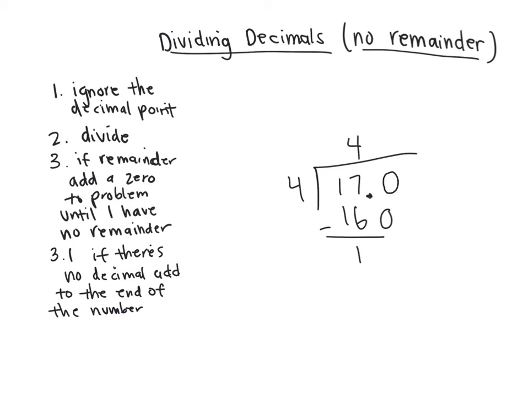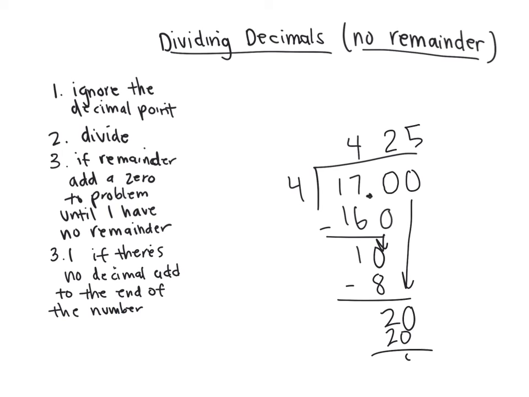And then I would bring it down. And then 4 goes into 10 twice. 2 times 4 is 8. And I'm still coming up with a remainder, so I have to add another 0. Bring that 0 down, and then 4 goes into 20 5 times.